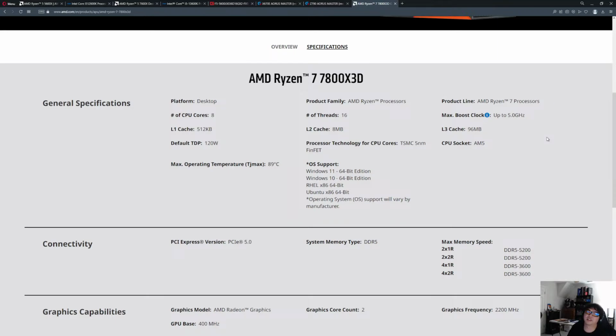Although, you know what? I kind of think there is, because I remember with the current ones, typically there's a CCD that has cores that run slightly faster than the other CCD. So naturally, the same approach would be applied to the 3D CPUs.